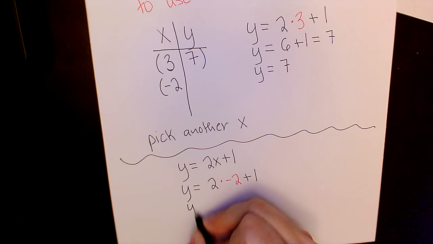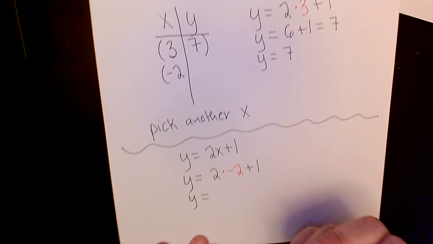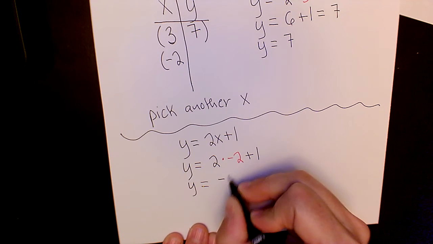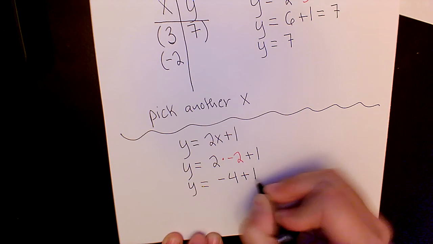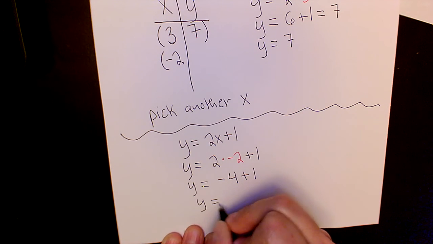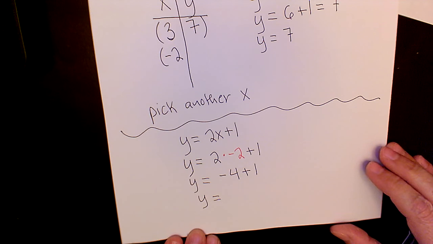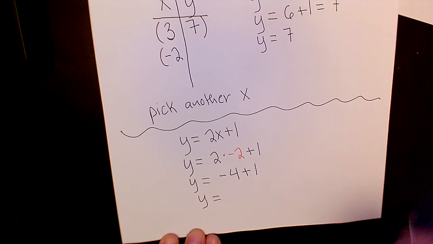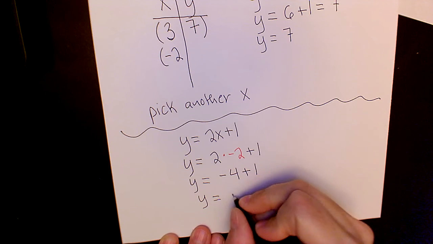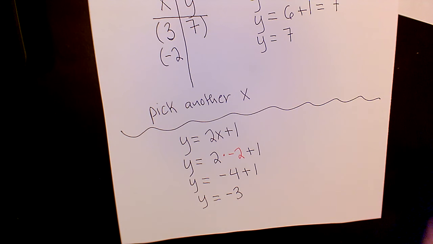So what's 2 times -2? -4 plus 1. What is -4 plus 1? It's going to be negative because I have more with the -4, right? So I subtract and I get -3.